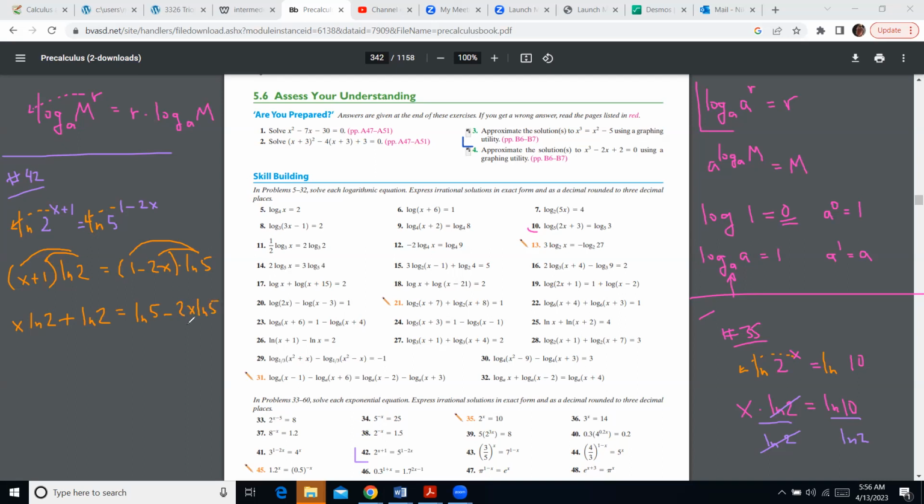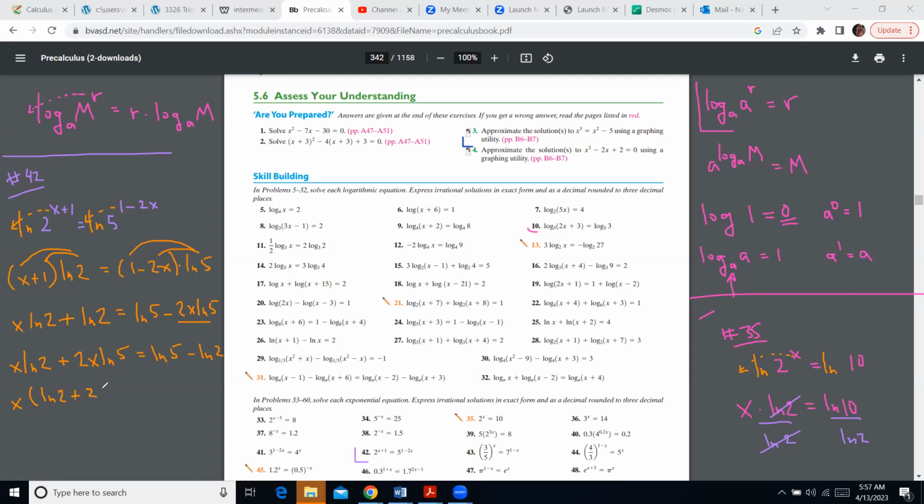So we need to take this minus 2x and bring it to the left as a plus 2x, right, with ln 5. So we're to find x. So I need to have x terms on one side and everything else on the other side.